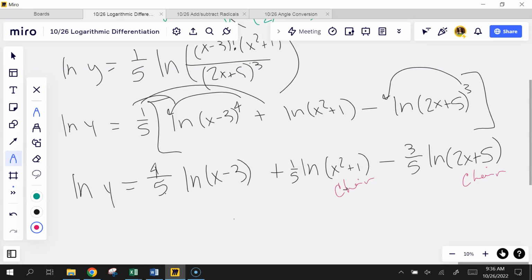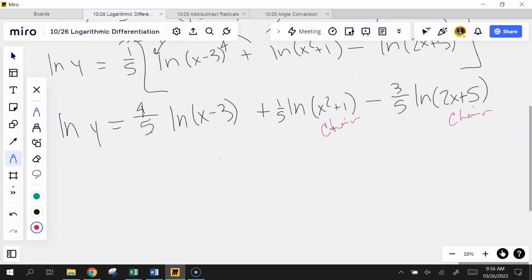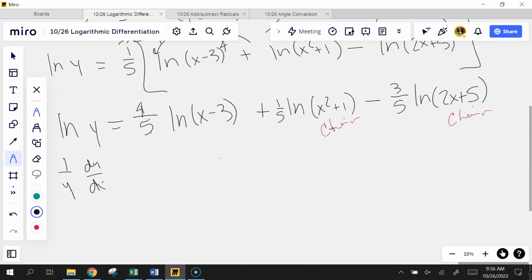I'm not doing the derivative here. For the derivative, yes. This is a log property, power rule. It gets quite, I'm sorry, it gets a little confusing. But yes, you would if you're doing the derivative. You want me to do it? 1 over y dy/dx equals.